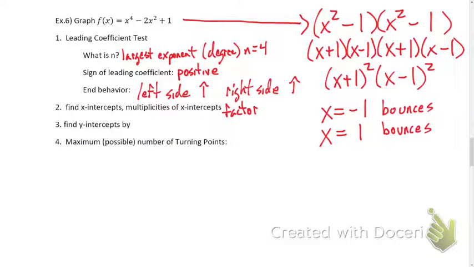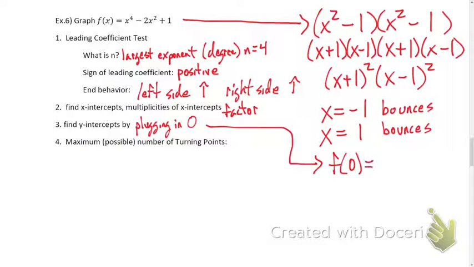Let's find the y-intercept. And remember, you do that by plugging in 0. So I'll do that over here. And you can already see it. No work really needed on this one. It's just a 1.